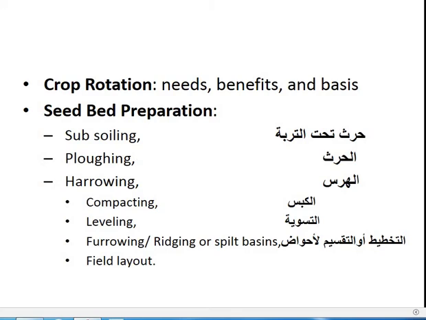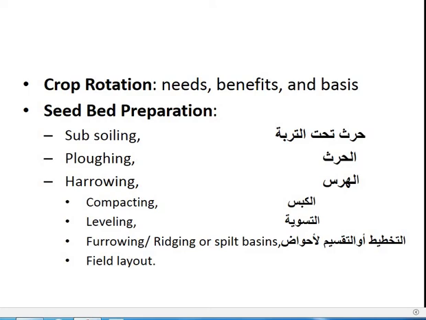We know crop rotation. Crop rotation has 3 main points: why we need crop rotation, what the benefits of crop rotation are, and the basis of crop rotation. You have to know this information.